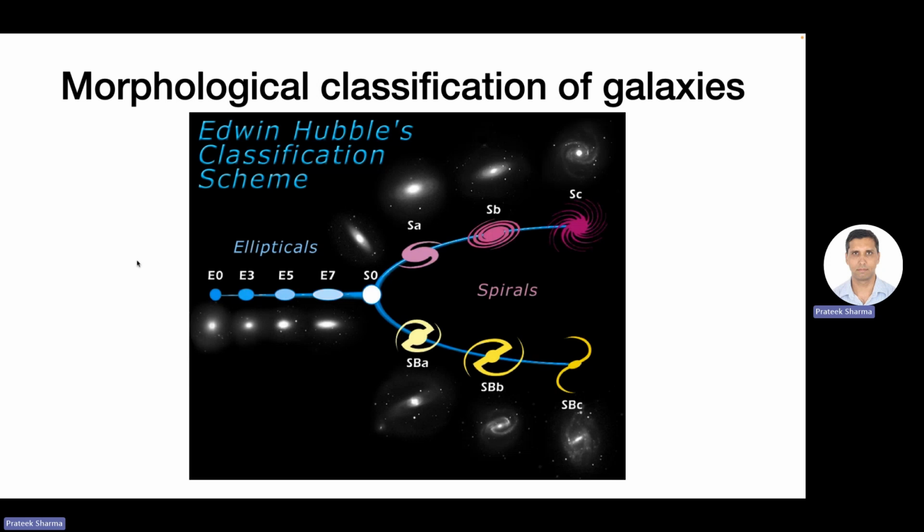There have been various ways of doing this morphological classification. Essentially, you look at an image and ask where you would put it among these n classes. This is the simplest thing you can do. The first thing you have to do is classify them, and then you try to get to the physics of it.